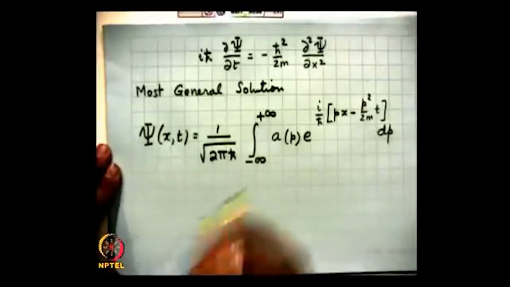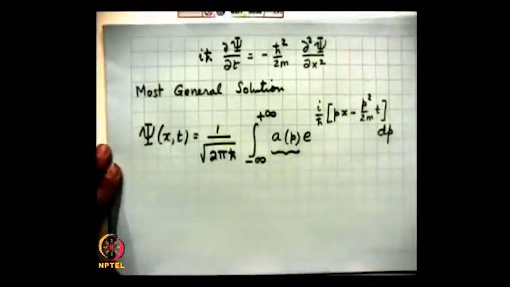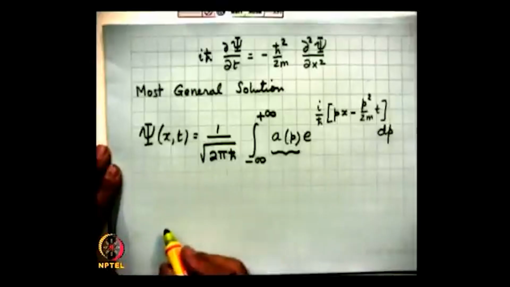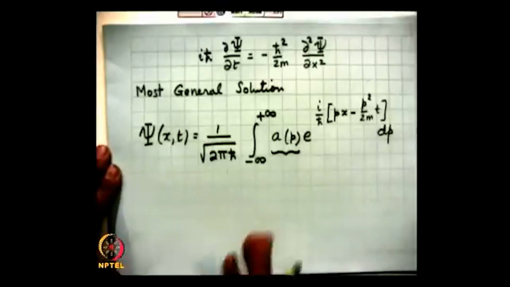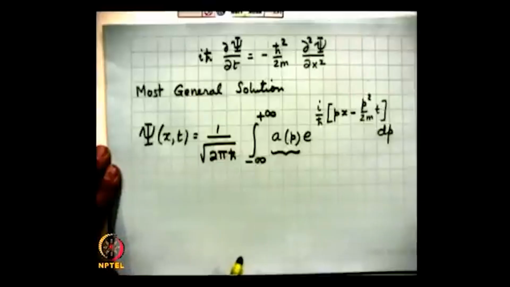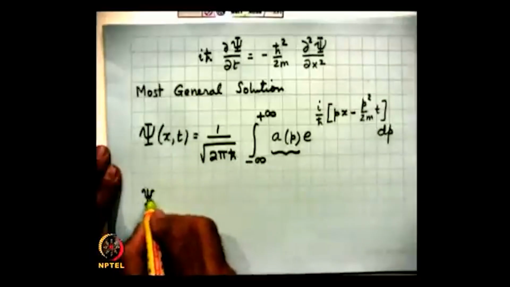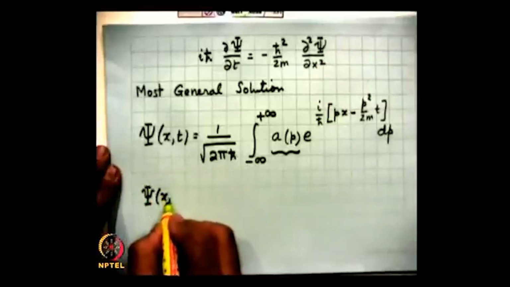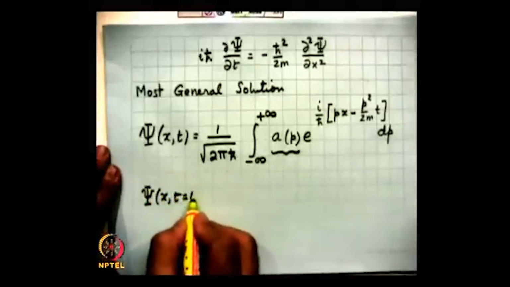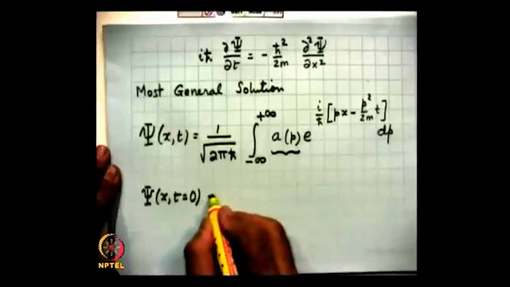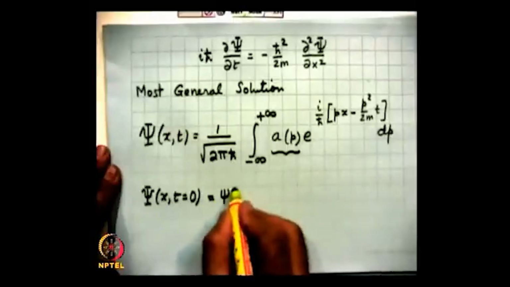Now, I still do not know what a of p is. That is determined by the initial form of the wave function. So, let at time t equal to 0, psi of x comma 0 be psi of x.